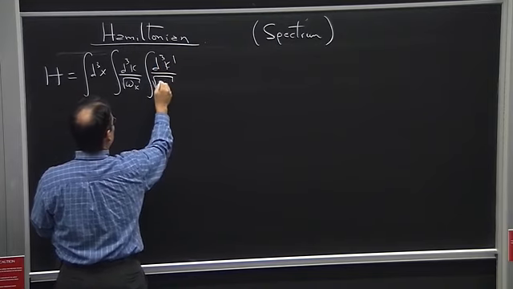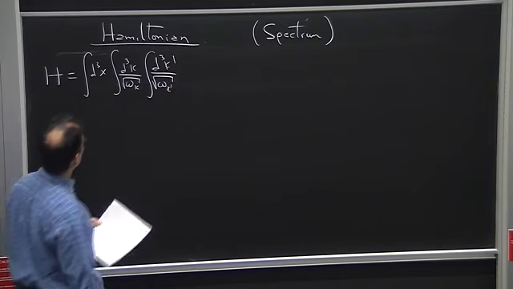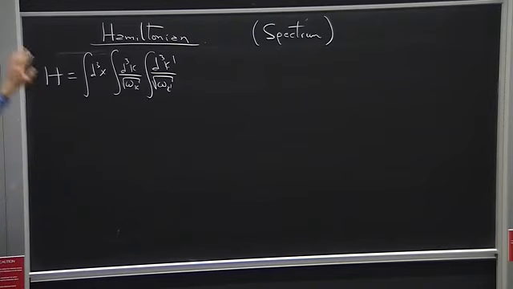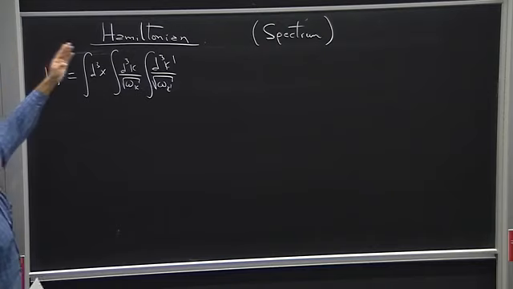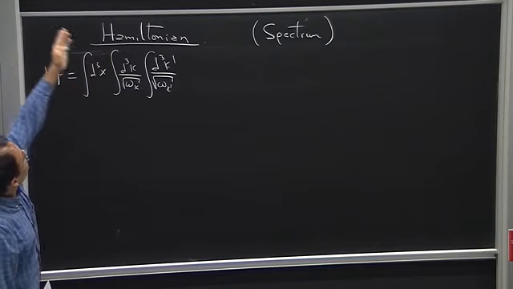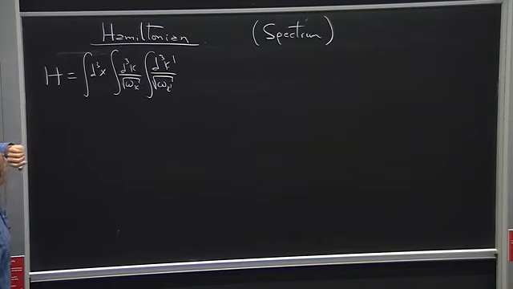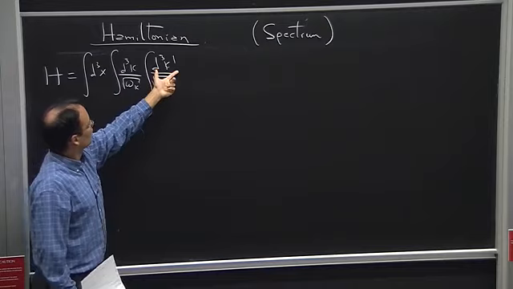The Hamiltonian is quadratic in the fields. So we're going to represent one of them as an integral over k, and the other one as an integral over k prime. So in the term where we have pi squared, the momentum squared, we're going to represent the first one with k and the next one with k prime.